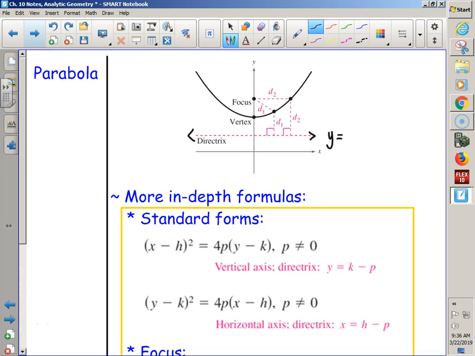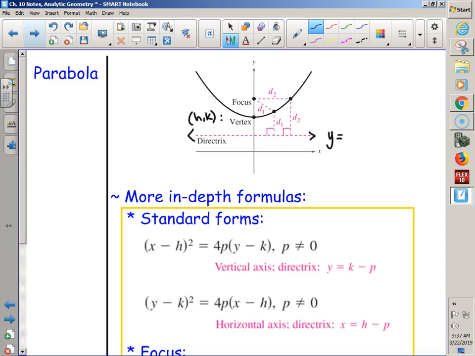Now hold on, we know who the vertex is. The vertex is HK, right? I just want to keep it general. So what if it had moved somewhere else? It would be HK. H is the X value, K is the Y value.